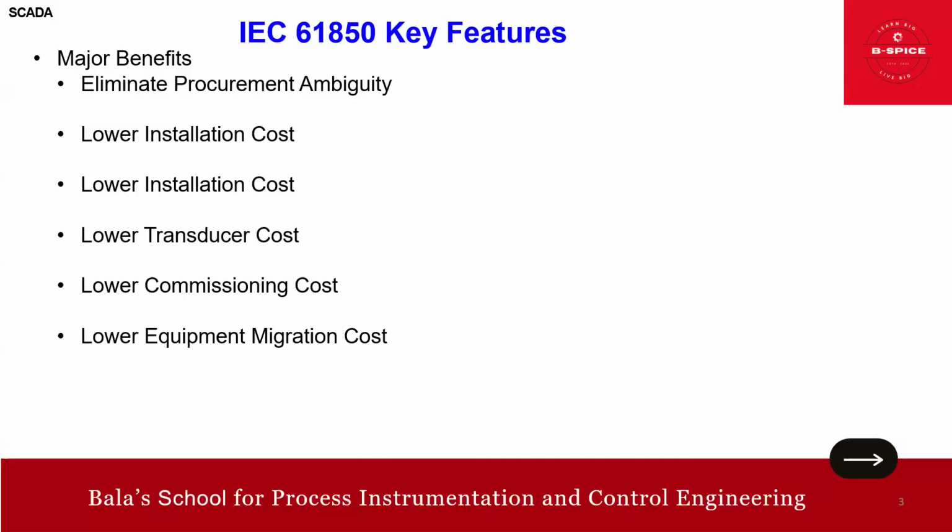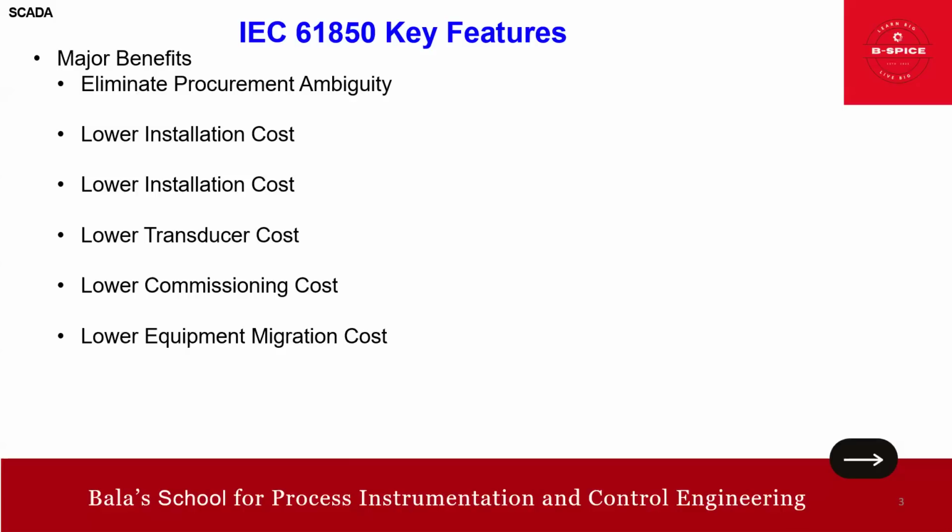Then we have a lower migration cost. Because IEC 61850 defines more of an externally visible aspect of devices, besides just the encoding of the data on the wire, the cost of migration is minimized. That is also another point. All devices share the same naming convention, minimizing the new configuration. All these.